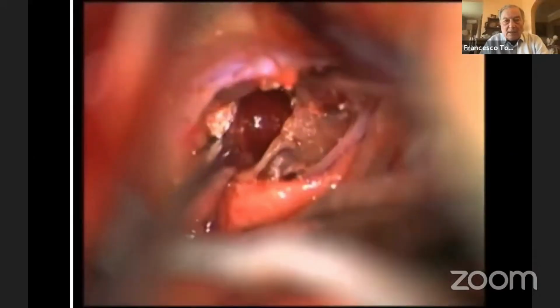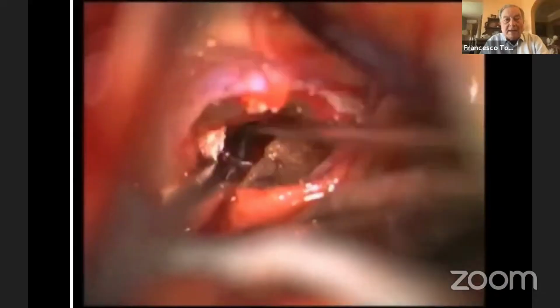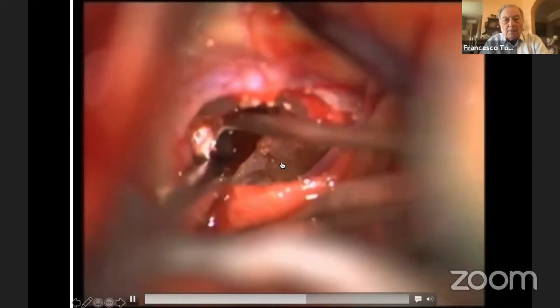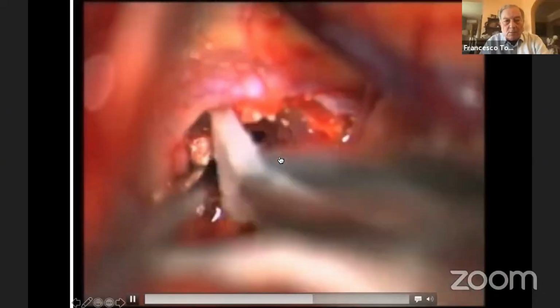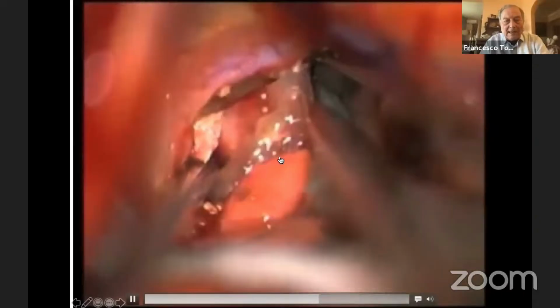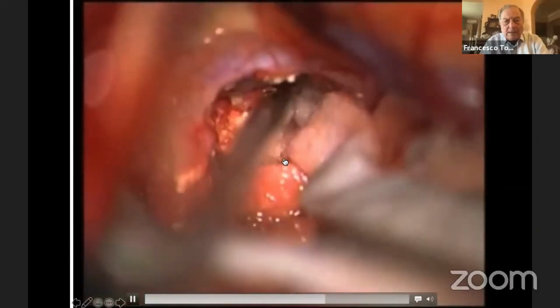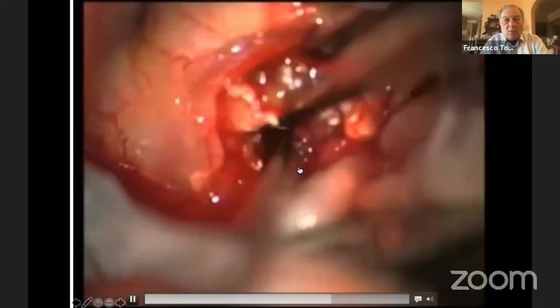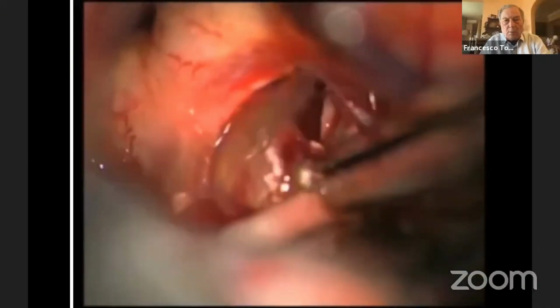And we need to preserve the pituitary stalk just to protect the underlying structures, and we can remove other portions of the tumor.